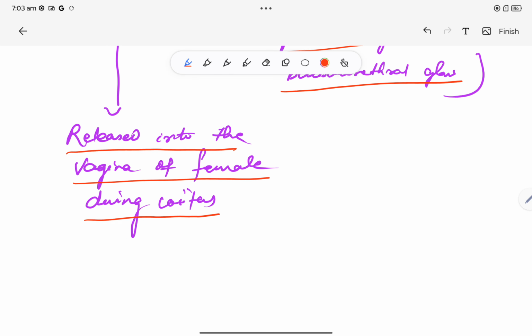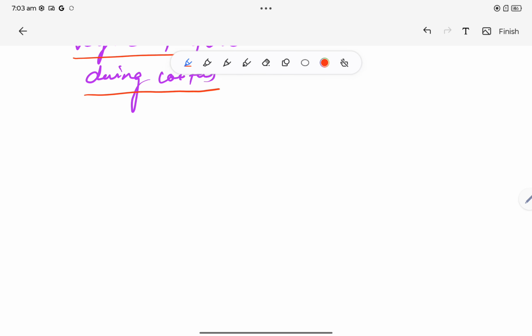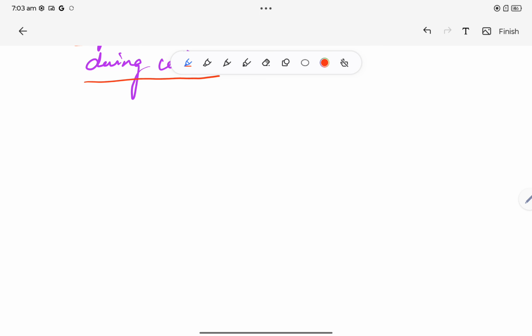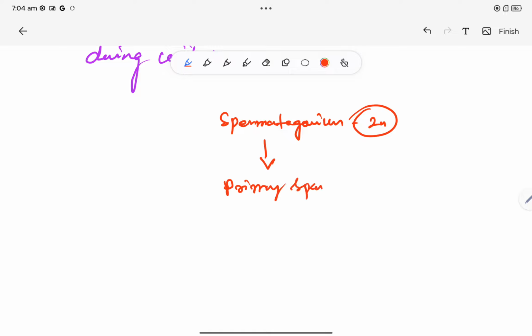Okay, so this is about spermatogenesis. Let me summarize the process of spermatogenesis here. For better understanding, the spermatogonium, which is 2n, forms a primary spermatocyte, which is also 2n.